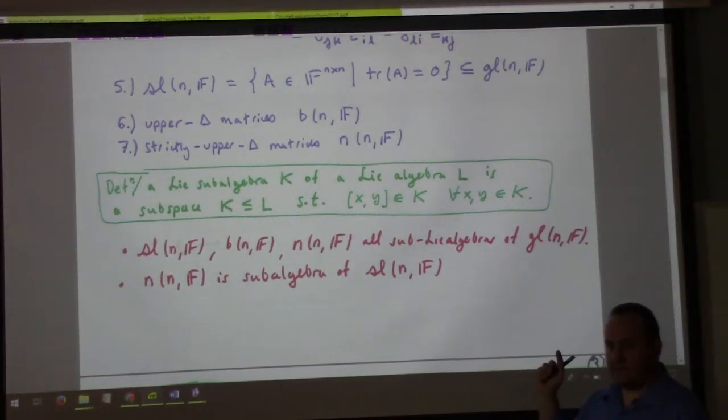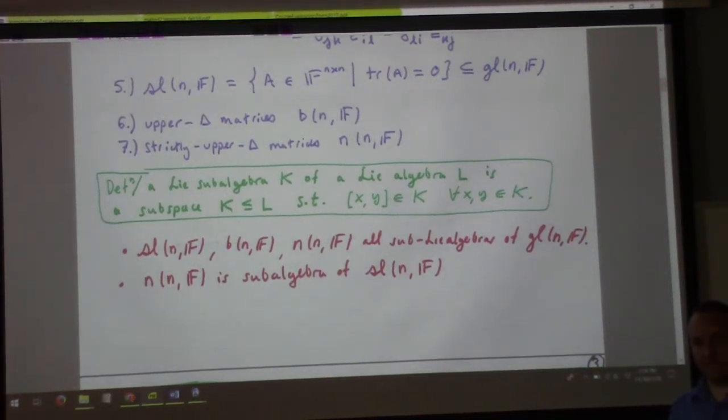So what would it take to show something's a subalgebra? What would the test be? It needs to be a subspace, which is also a Lie algebra in its own right, right? So if you know that the commutator bracket satisfies the Jacobi identity, and so you know that the commutator bracket satisfies axioms 1 and 2, right? That's still true if you look at a subset of matrices, right?